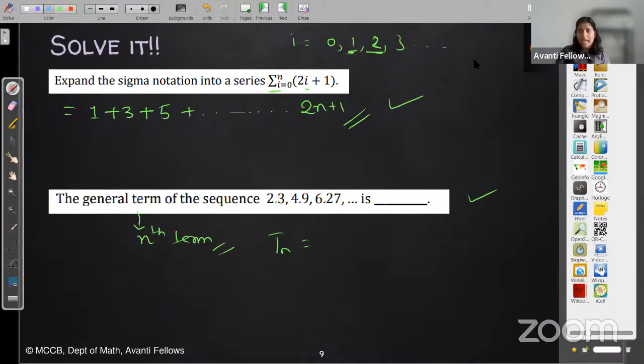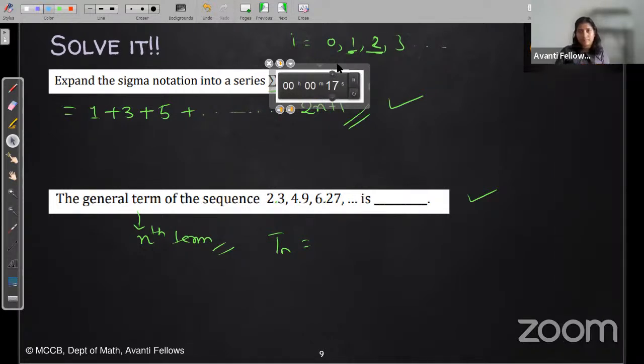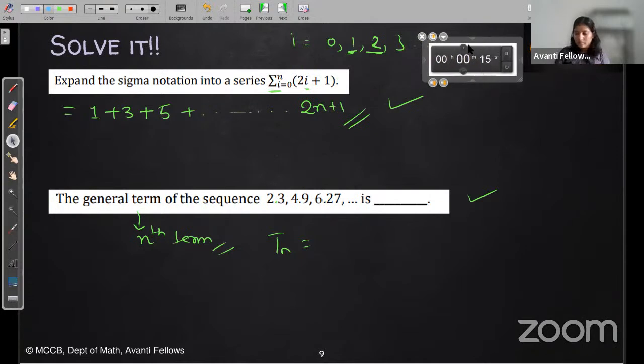I'll give 30 seconds to you all. Say around 20 seconds. And let me know who will answer in the chat box. Come on. Just observe here.